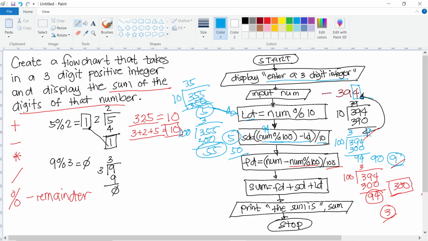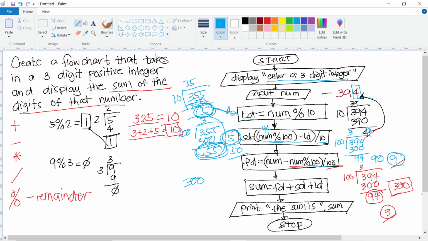So we have 5 for LD, we have 5 for SD. And now we compute the value of FD. What is FD? That is num minus num modulo 100. Num modulo 100 is 55, as we have computed here. Subtract it from 355, which is the value of num, we are going to get 300.